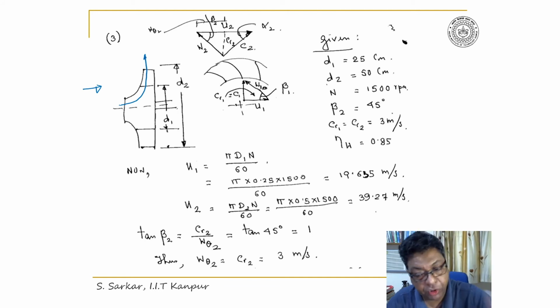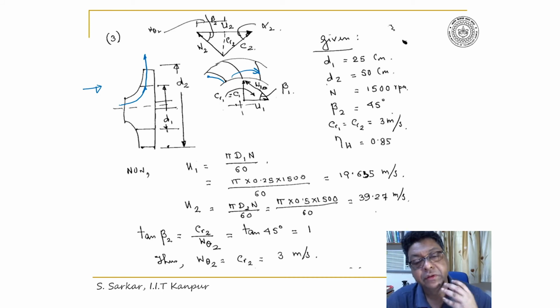So it's a fully radial flow impeller. That means when the flow enters the blade, it is radial and it's coming out radial. Furthermore, it is given that it is a backward curved vane. So I have taken another view where I have illustrated the flow passage. If this is the direction of the rotation, the vane will be curved in this direction.